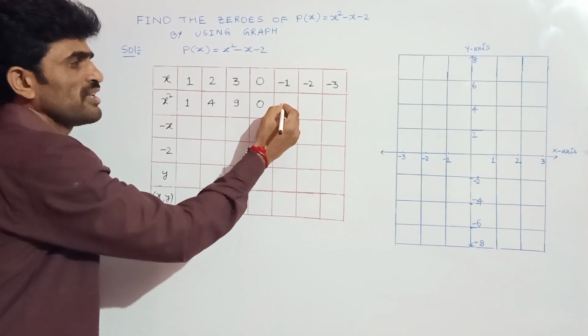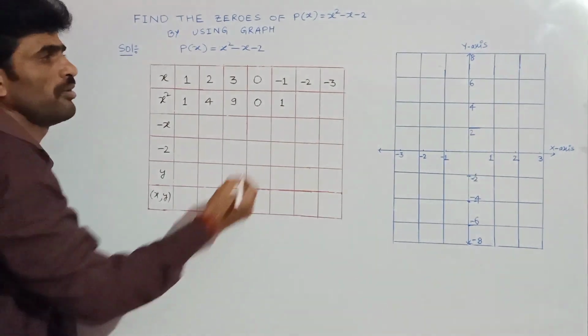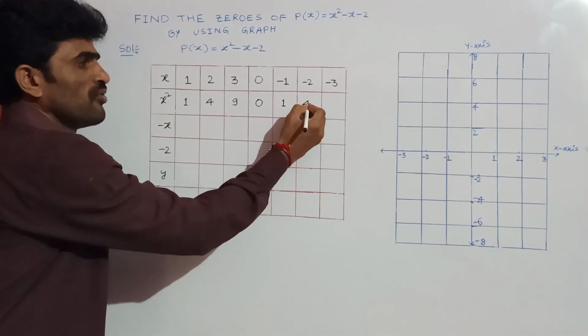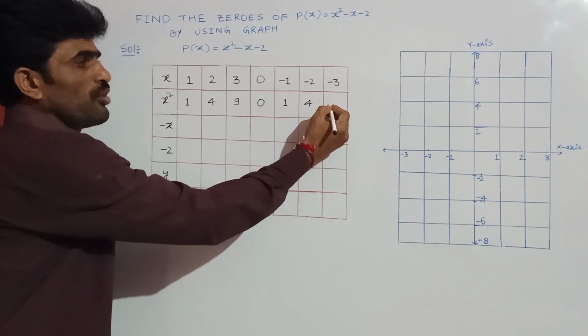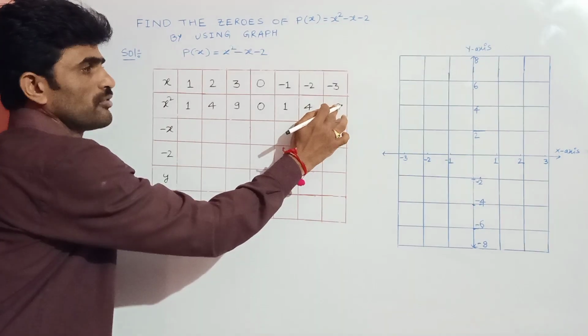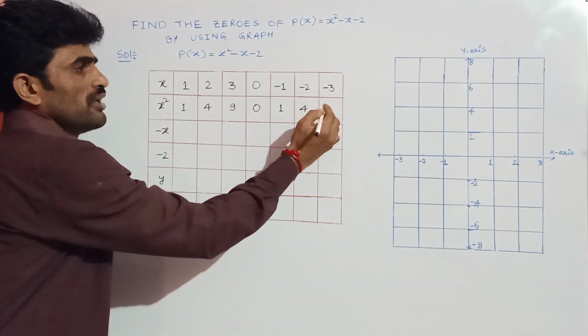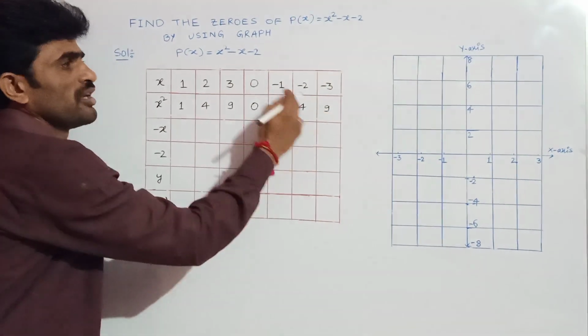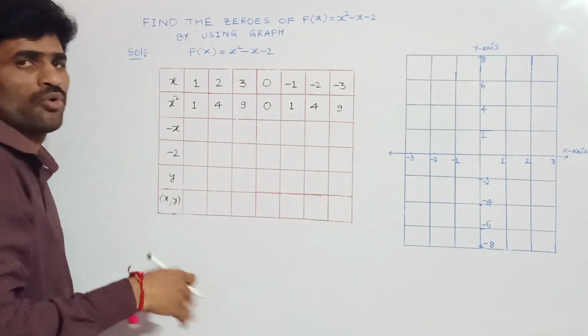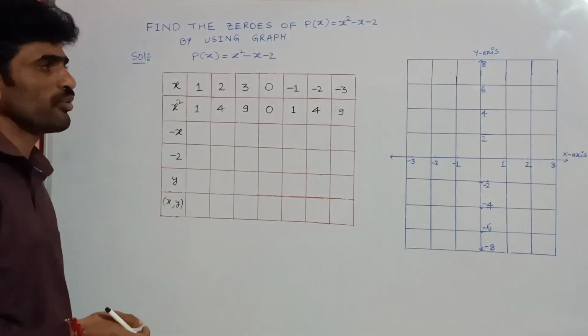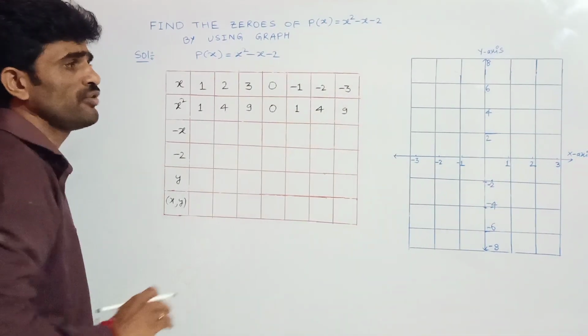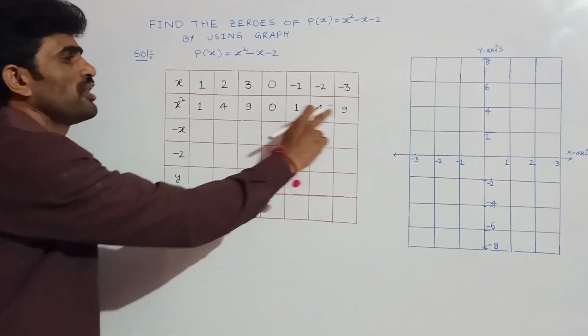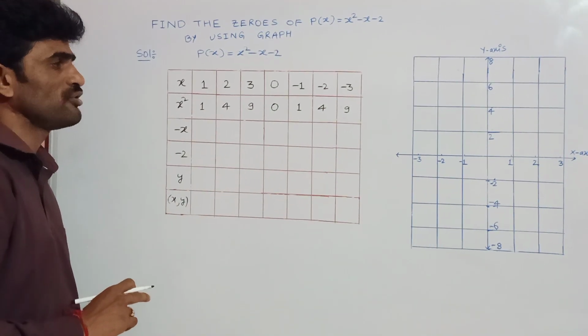Minus 1 whole square is 1 again. Minus 2 whole square is 4. Minus 3 whole square is not minus 9, it is 9 again. Even though these three are negative, since we are finding the whole square, the value will be positive only. So we got all the values of x square.